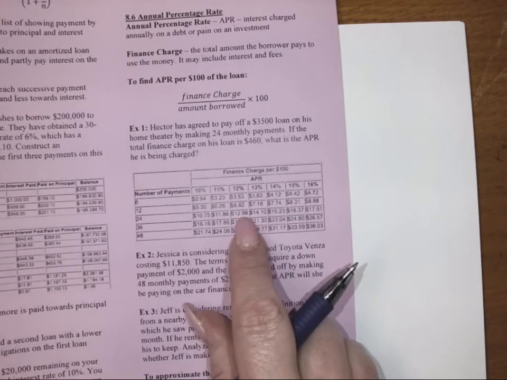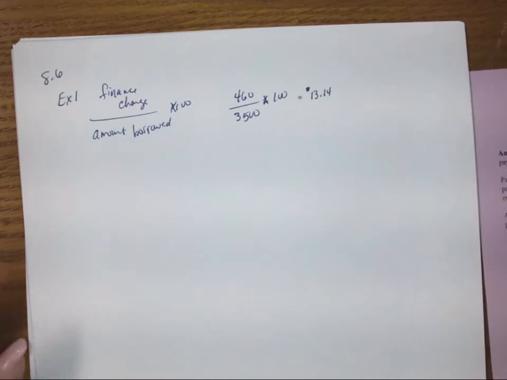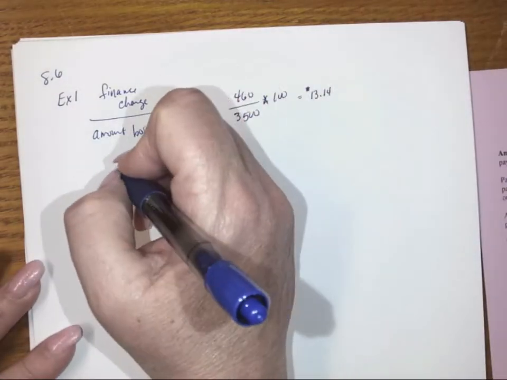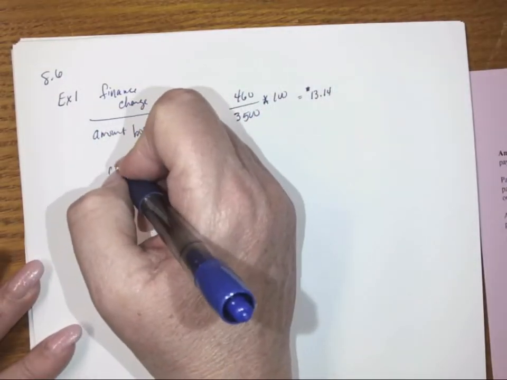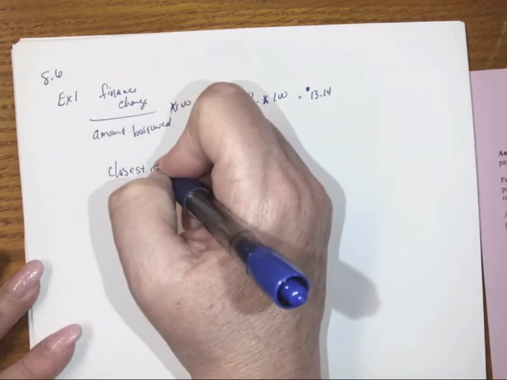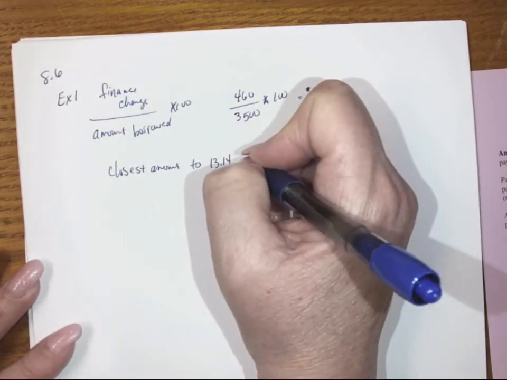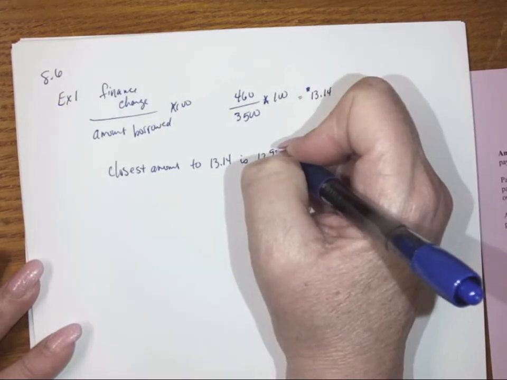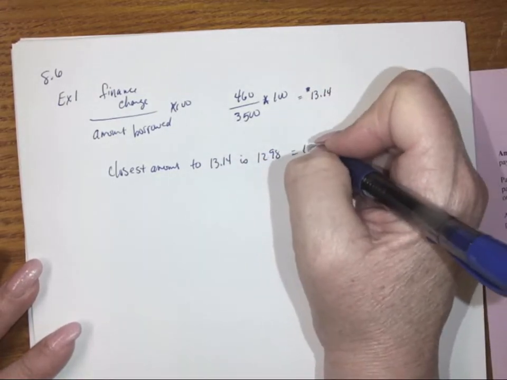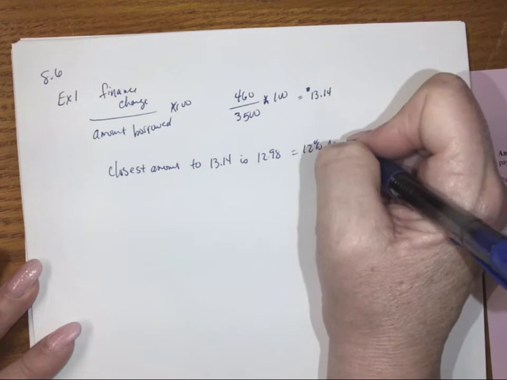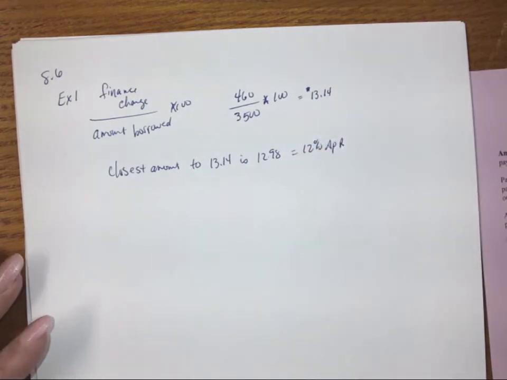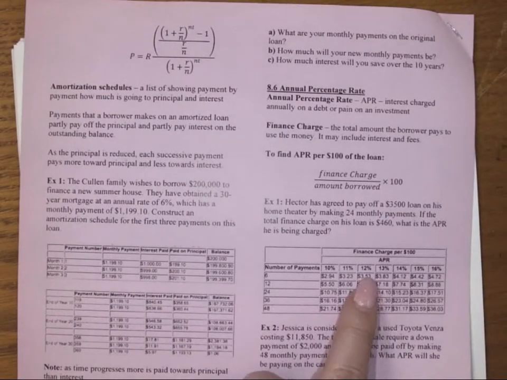So 12% will be our APR. The closest amount to $13.14 is $12.98, and that will be a 12% APR, because that is the interest rate up there.